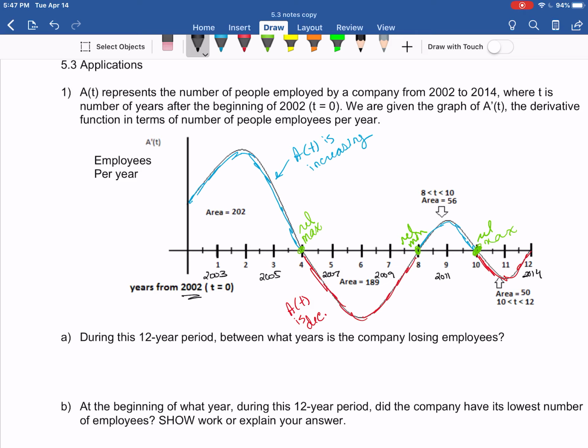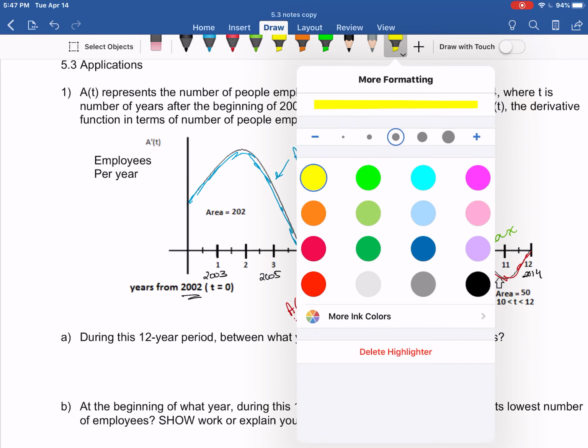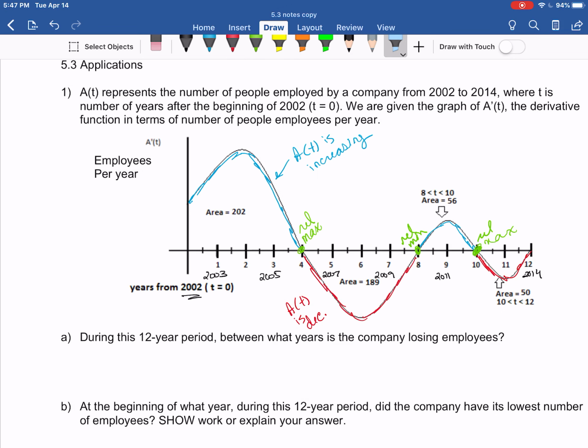Oh, one more thing. The areas that you see highlighted, I'll highlight appropriately. The area that is between 0 and 4, I've highlighted in blue. That quantity of area is 2002, and I highlighted it in blue because it's above the x-axis.